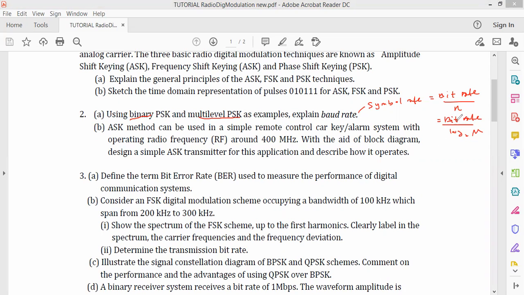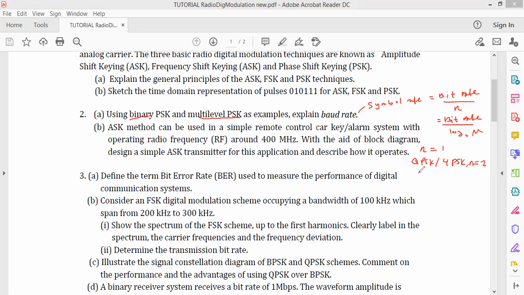So assuming similar bit rates are used for both PSK and multi-level PSK, let's find the n. So n for binary PSK is equal to 1. So for QPSK, for example, n is equal to 2.